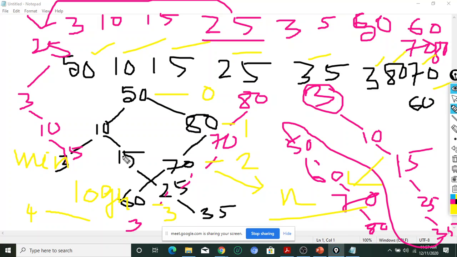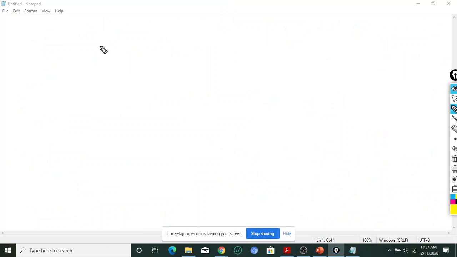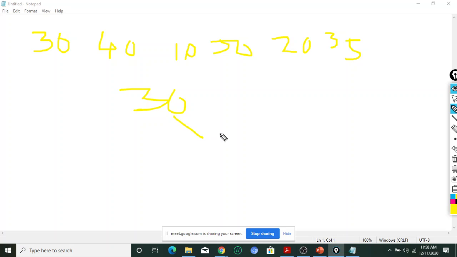But here if I take this type of example, for example, the key is 30, then I consider 40, then 10, 50, 20, 35. So how many keys are there? 1, 2, 3, 4, 5, 6. Make it 30 first, then 40.